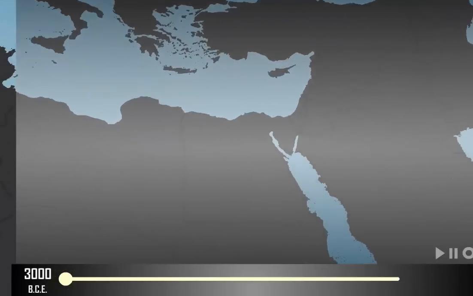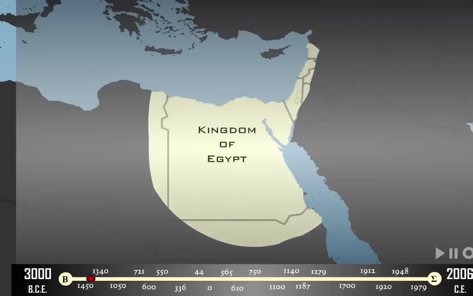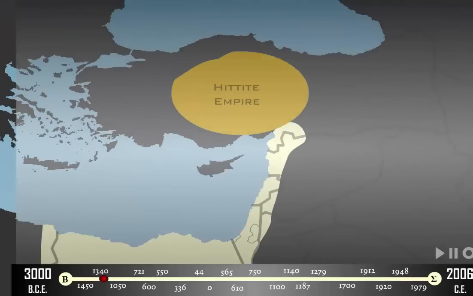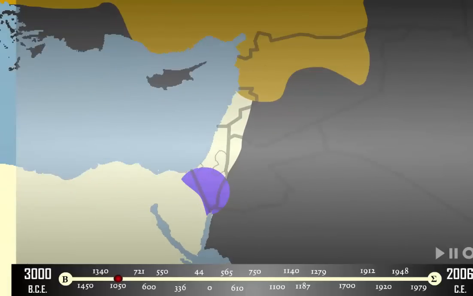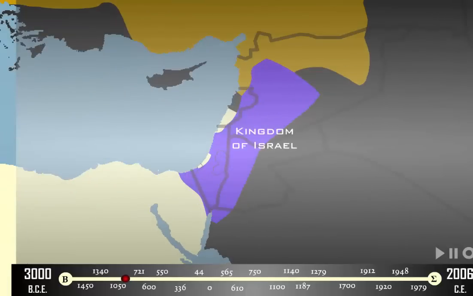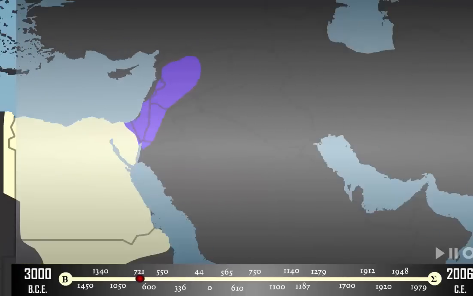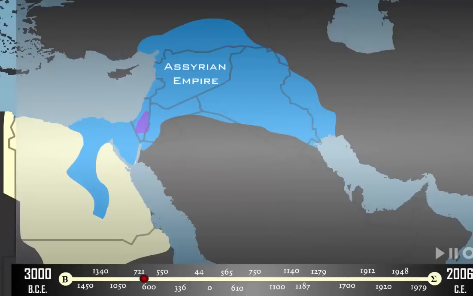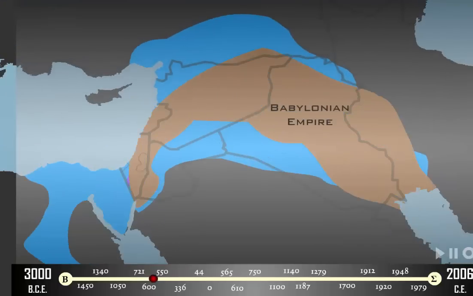Beginning in the centuries before the Common Era, we have the ancient civilizations of the Egyptians. They've certainly left their mark on the northeast corner of Africa. But other civilizations such as the Hittites, the Israelites, the Assyrians, and others have certainly left their mark as well.